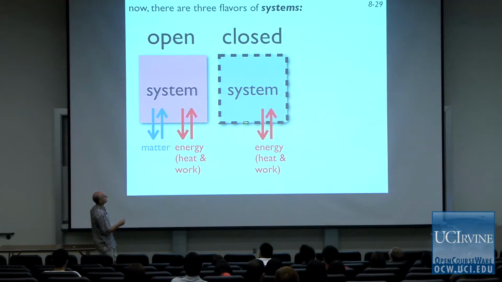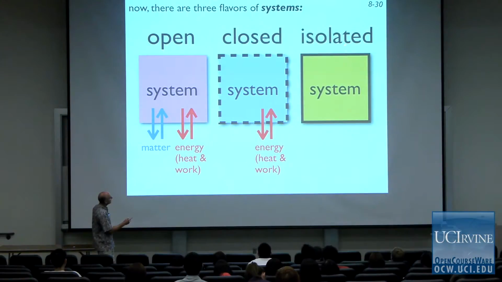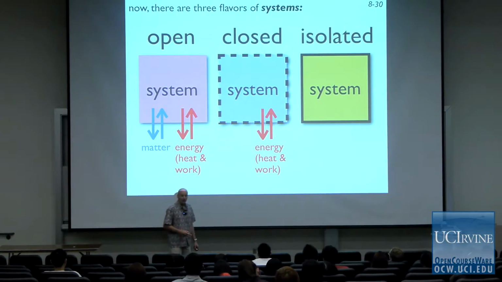All right, it's not going to allow matter to move in and out, but heat and work can move in and out. And finally, there's an isolated system. Right, now this is a solid line. Neither energy nor matter can flow in and out of this system. Okay, and we'll talk later on about this isolated system.